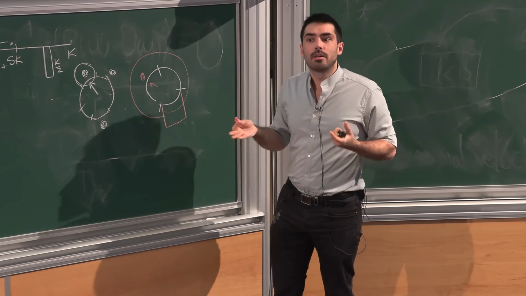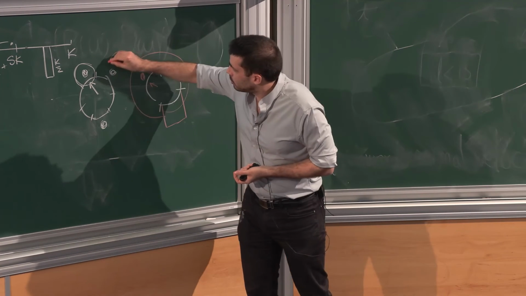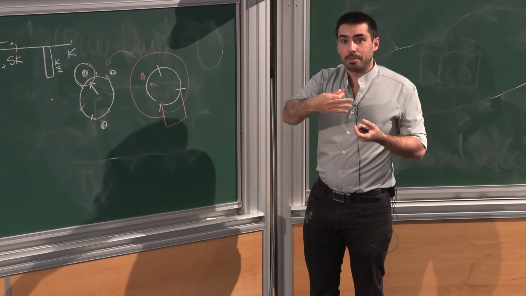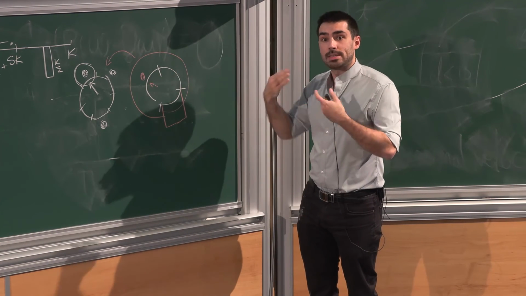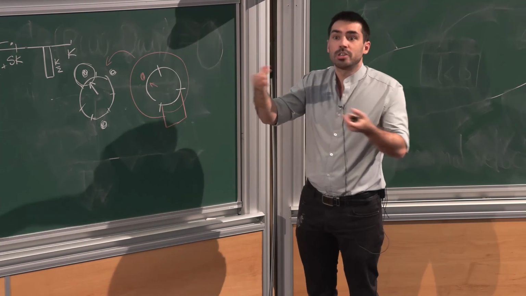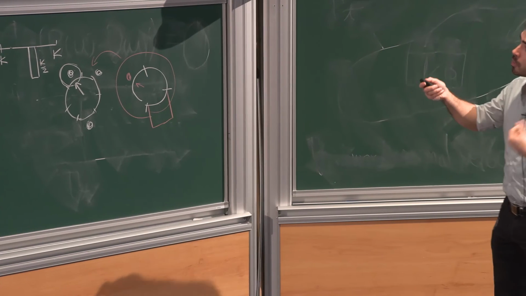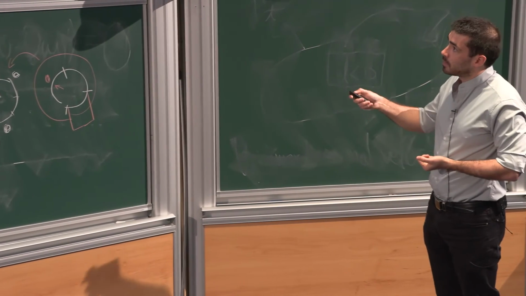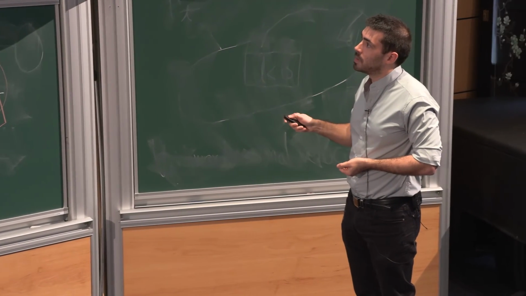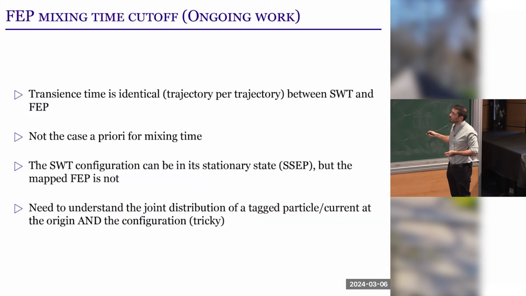This does not necessarily mean, or at least it's not straightforward to prove, that the mapped back FEP is also in its stationary state, because you have some unknown on the position of the tagged particle. Okay, so this is ongoing work. We're trying to solve this problem, but it's not completely straightforward to understand the mixing time. You need to understand the joint distribution of the tagged particle and the configuration, which is a little bit tricky.